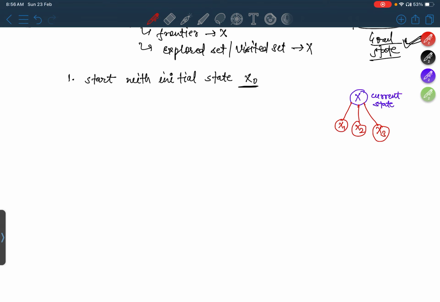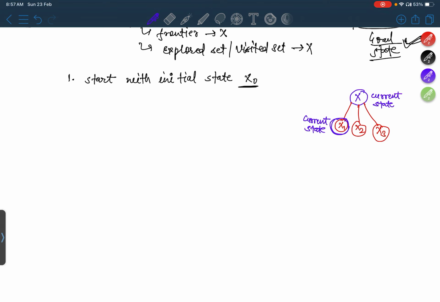After generating all three successors, it will simply select one successor out of these and make it the current state, and now this will become your current state. And it will simply forget.